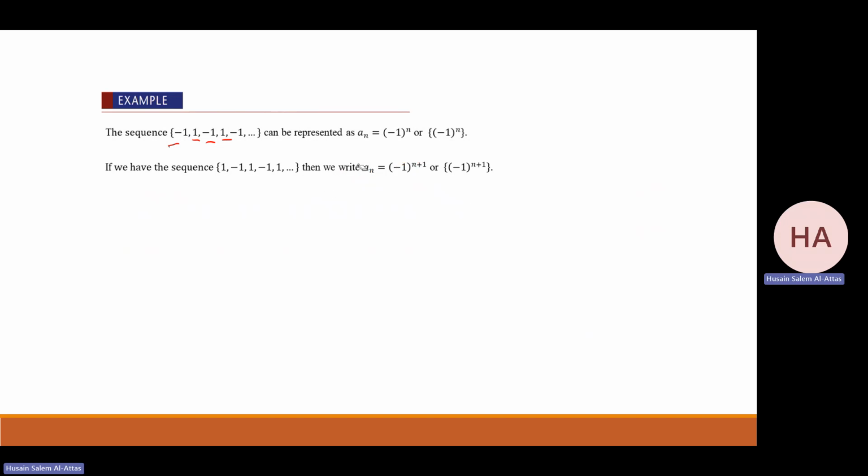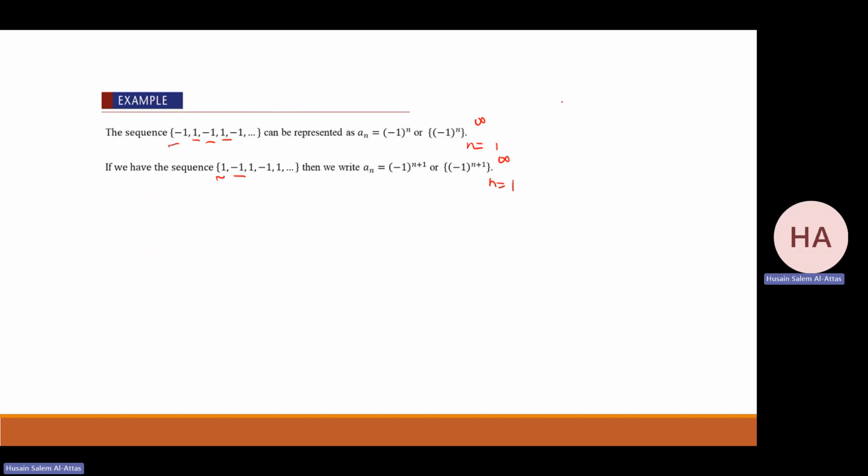Here, I want my starting 1 to be minus, so I'm starting from 1. If I want it to be n plus 1, I should start from 0. Or if I want it to be minus 1, I write it minus 1 to the power n plus 1, and I start from 1.